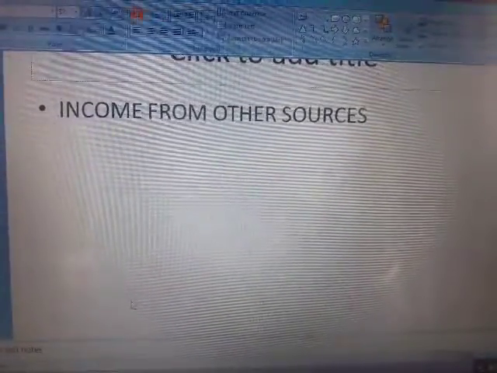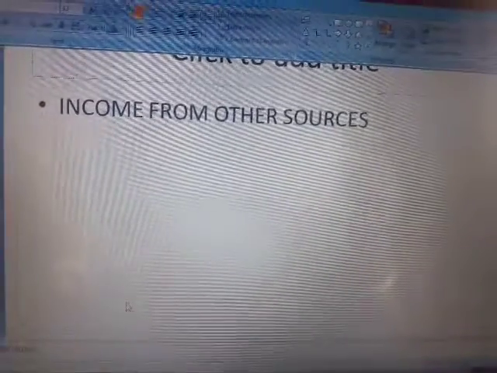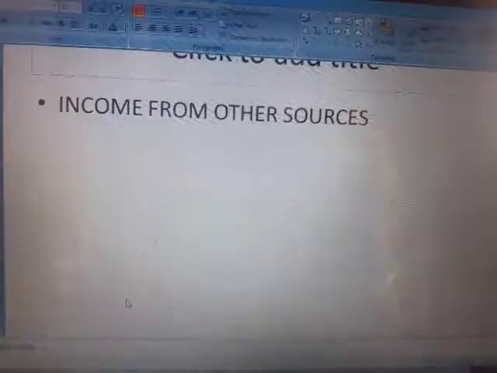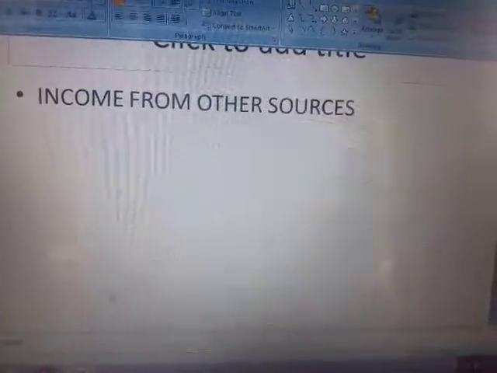Next, income from other sources. This is most important from our theory point of view as well as problematic also. It is very easy to understand which types of incomes come under the category of income from other sources. Unrepeated incomes come under the category of income from other sources, unrepeated items.